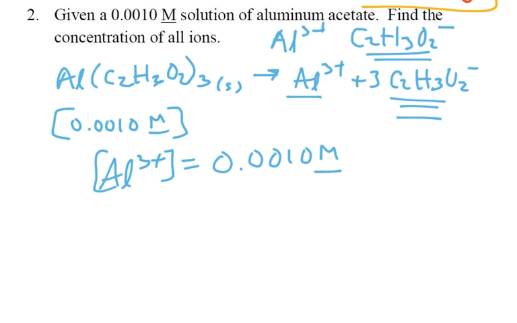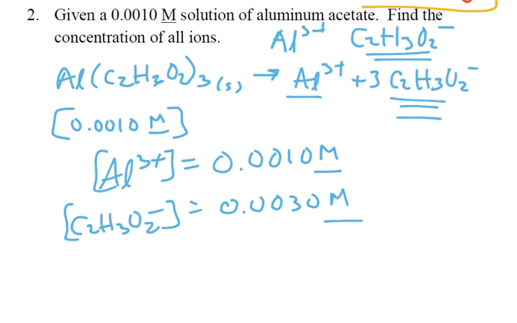And my acetate concentration will be 3 times that, so 0.0030 molar. And that's the answer. Find the concentration of all the ions. So when the aluminum acetate dissolves, we will get aluminum ions, and we'll get 3 times as many acetate ions.